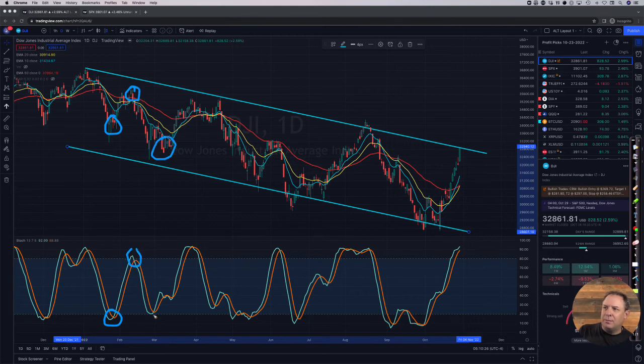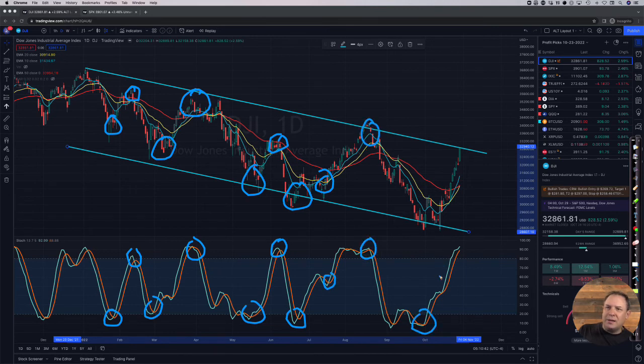Well, buy, sell, buy, sell. You see what's happening? The right tool for the job at the right time gives you the right signal. And if the pattern continues, it'll be time to short or time to sell very soon.